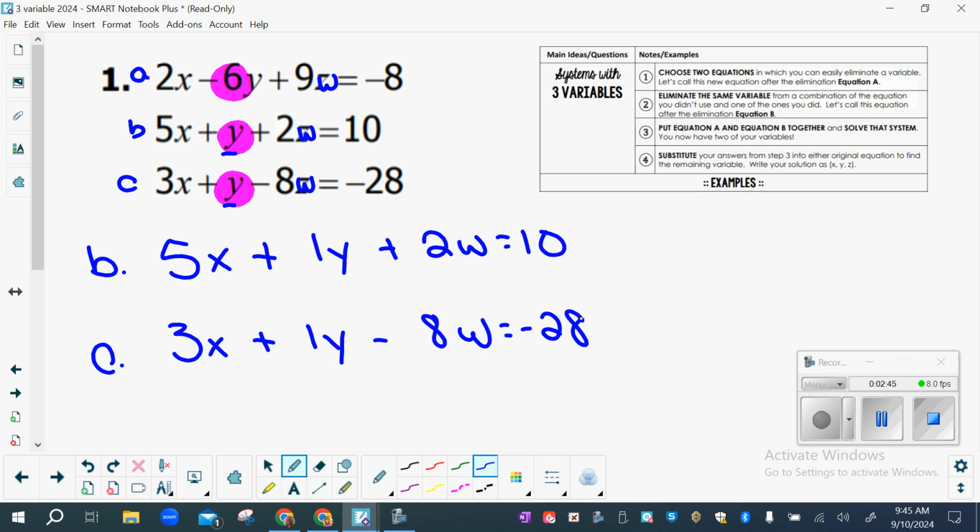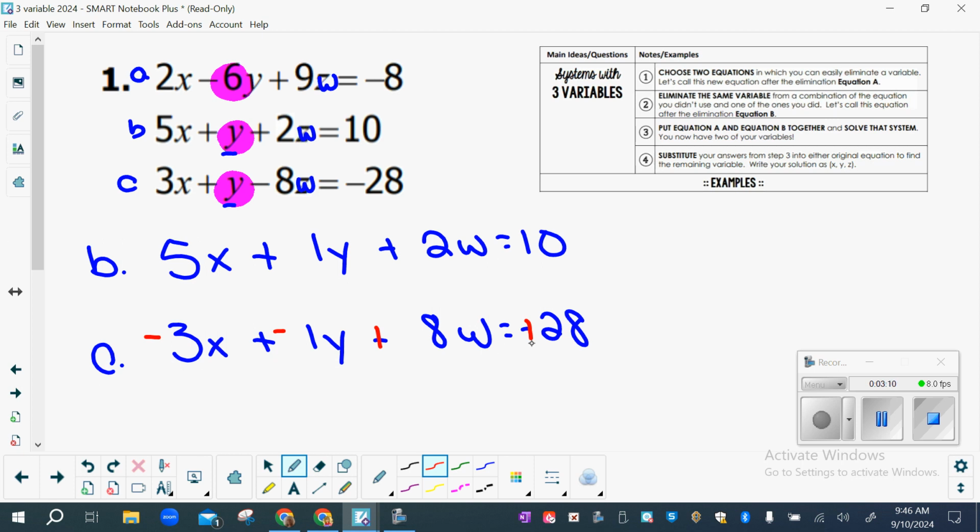So what should I do before I start this problem? Make something negative, right? Either the top guy or the bottom guy. I don't care. You do you. I'm going to do the bottom guy. I'm going to make this guy negative, and this guy negative, and this guy positive, and this guy positive. I'm changing all the signs.